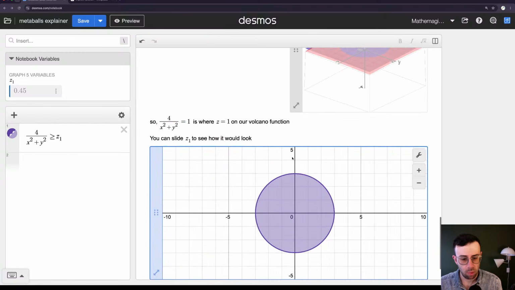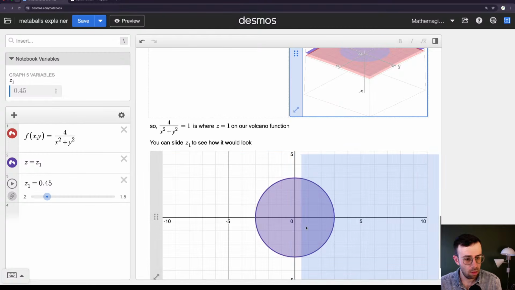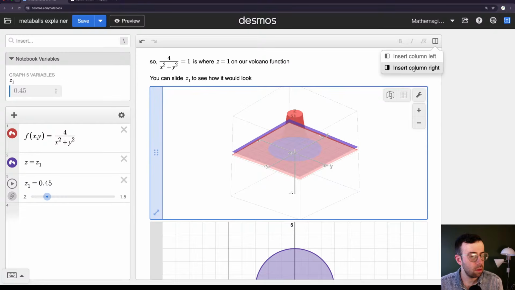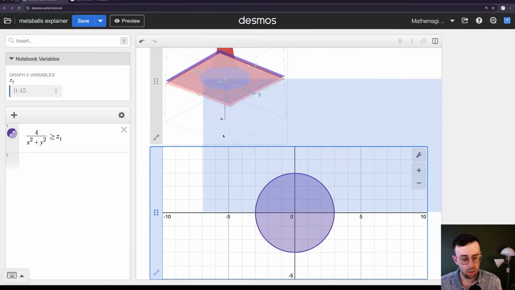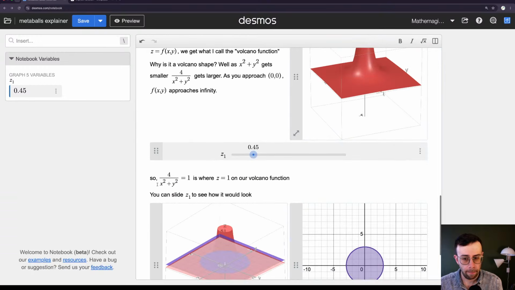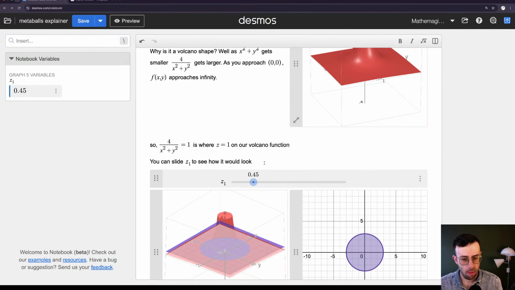Oh, I'll move this below. Actually, let's keep that there. Let's put this one there, to see how it would look in 3D versus 2D, depending.